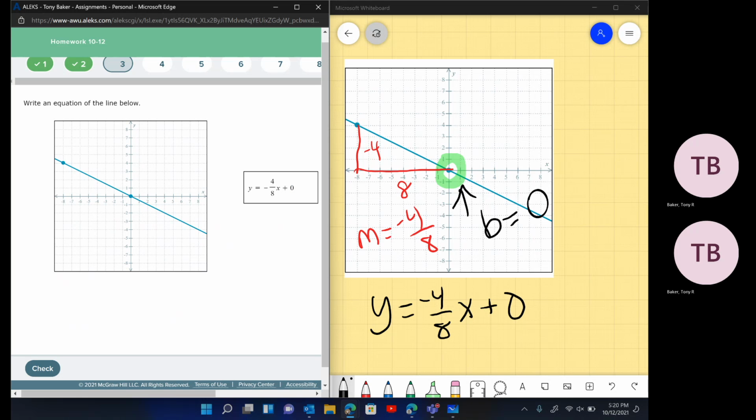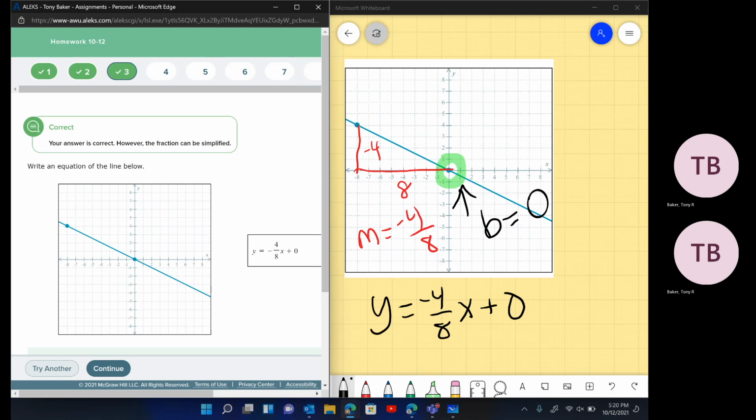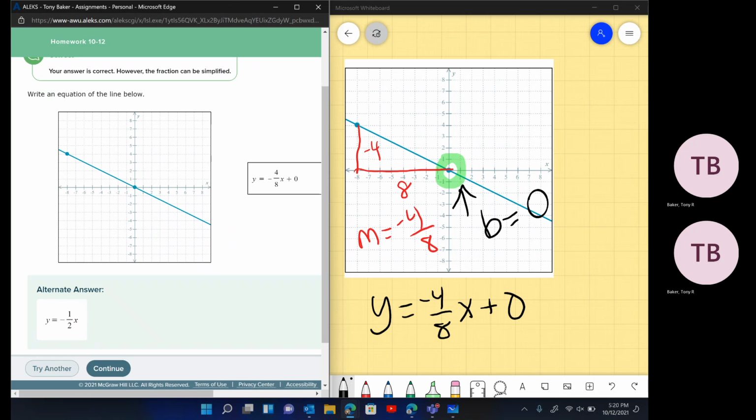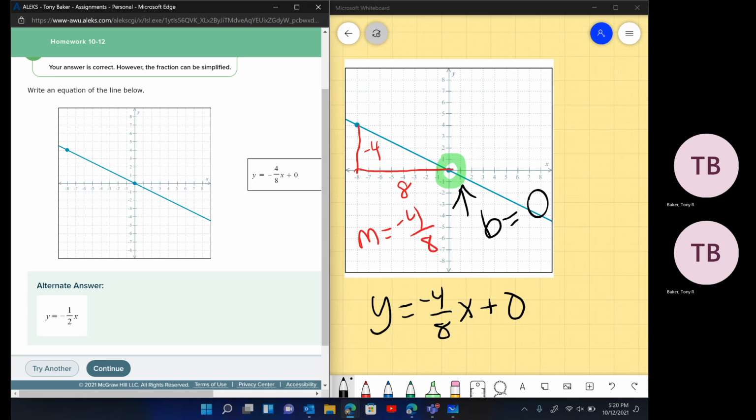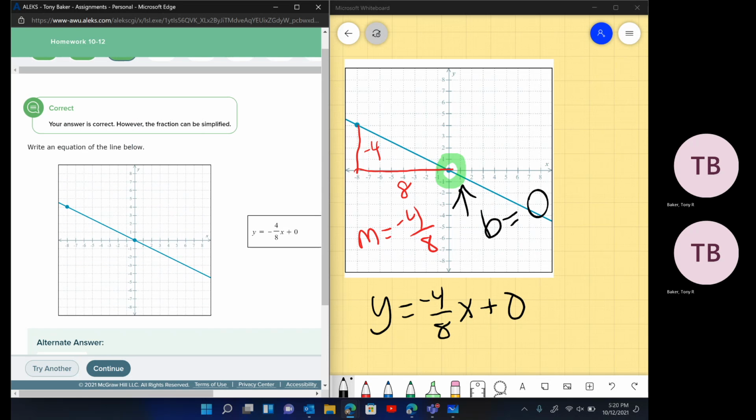Now, you could also put y equals negative 1/2 x. That's simplified, but it will take it without it being simplified. And you can take it even with the 0 there.